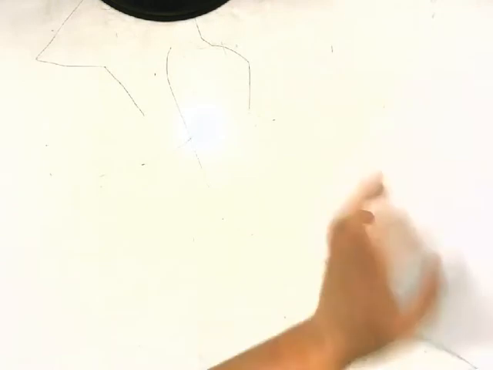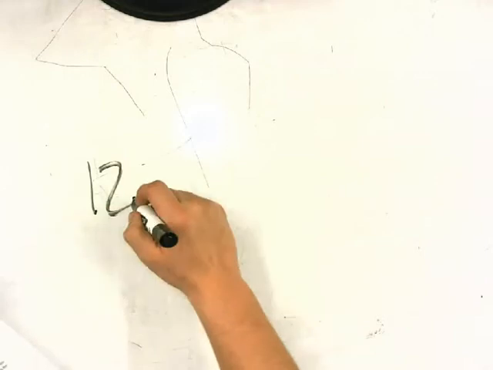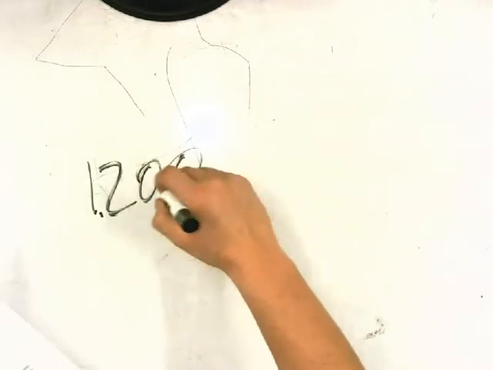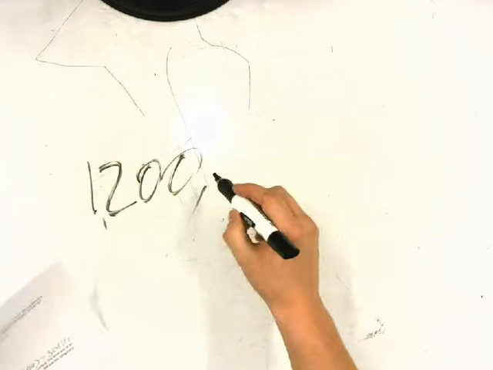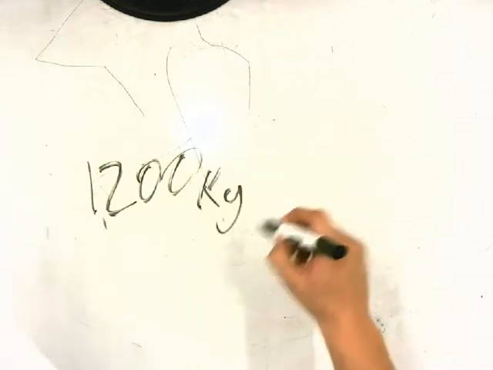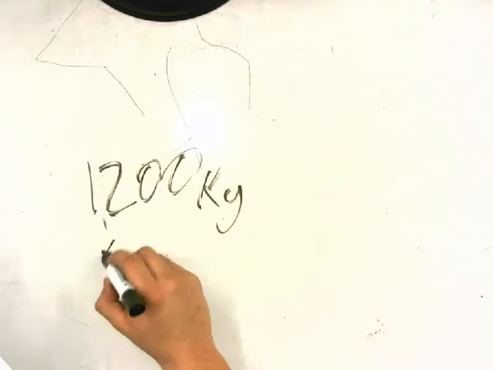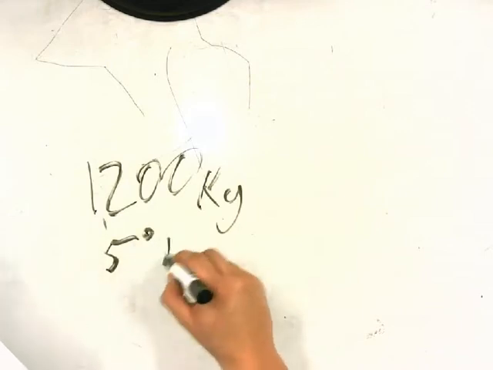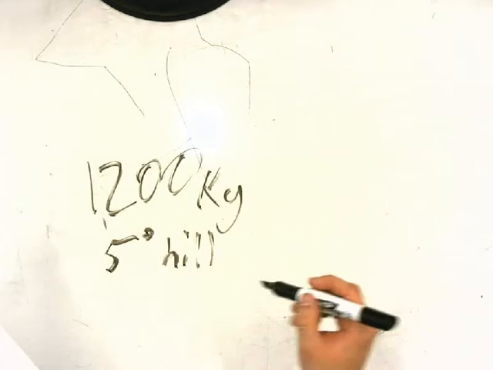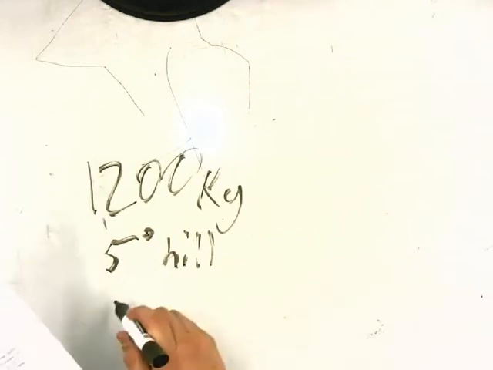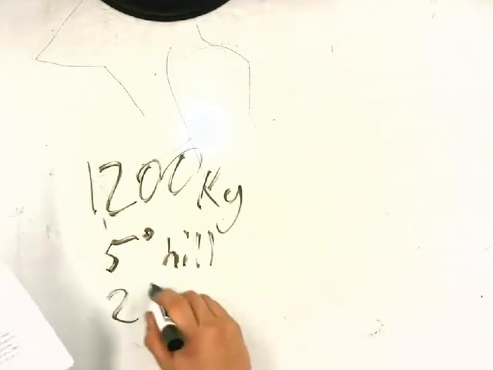So the problem goes, we have a 20,000 kilogram car moving up a 5-degree hill, and the hill is 290 meters.